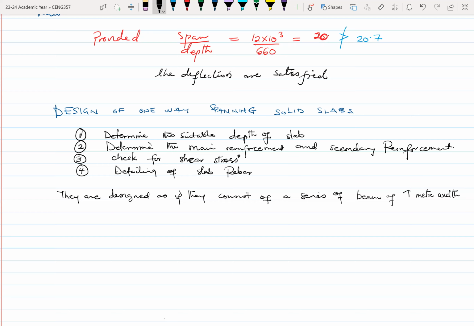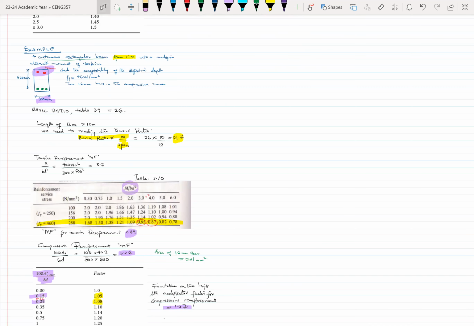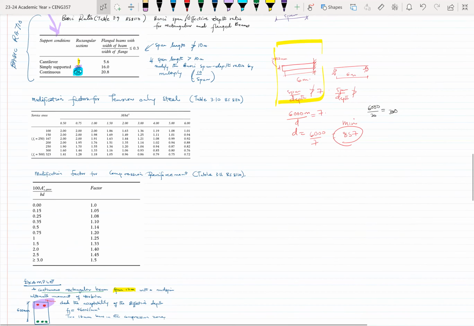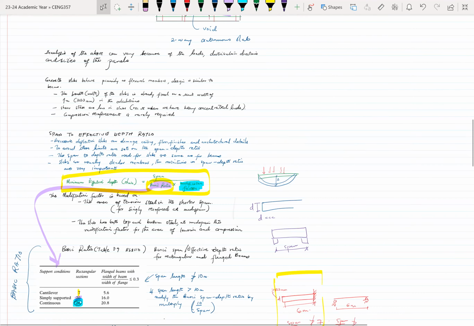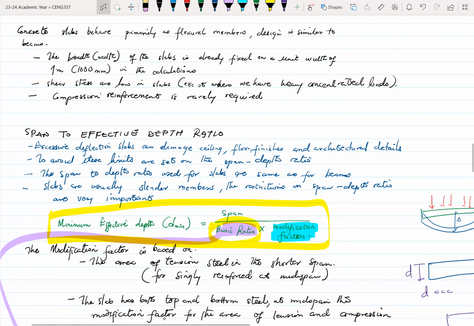I think somewhere around last week I mentioned it. Let me see if I have that same information up there somewhere. Otherwise, I have to put it in there. The width of slabs is already fixed on a unit width of 1 meter. So usually, as we design slabs, we assume that we're designing for a meter width of the slab length, because slabs can usually be longer than 1 meter.